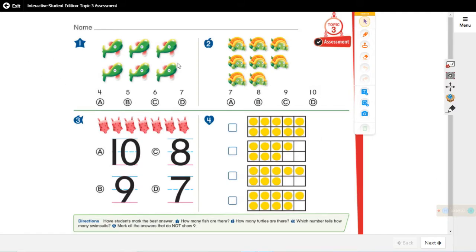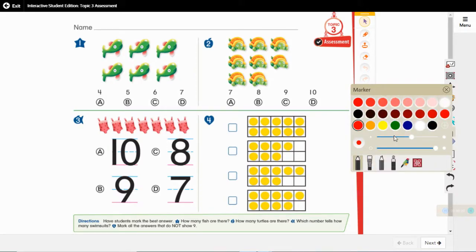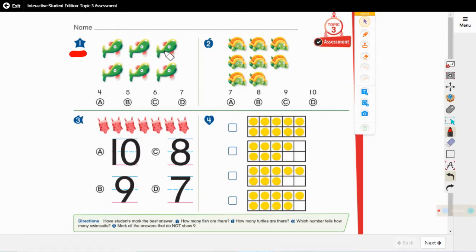Let's look at number 1 up here. Right here, number 1. And I'm going to make that line skinnier. You need to count the number of fish and you need to decide, is it 4, 5, 6, or 7?